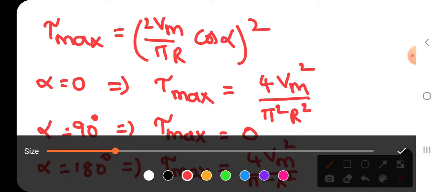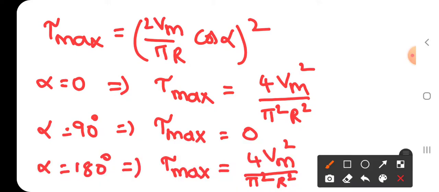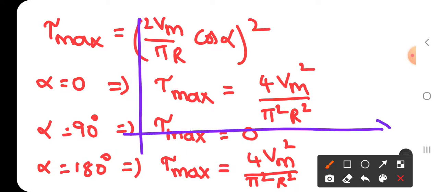If I want to draw the characteristics between firing angle alpha and maximum torque, it may be like this. On the x-axis I have firing angle alpha, and on the y-axis the maximum torque, not the torque.